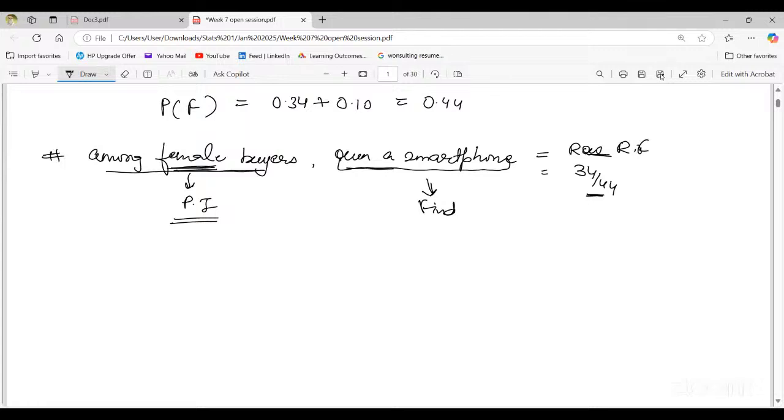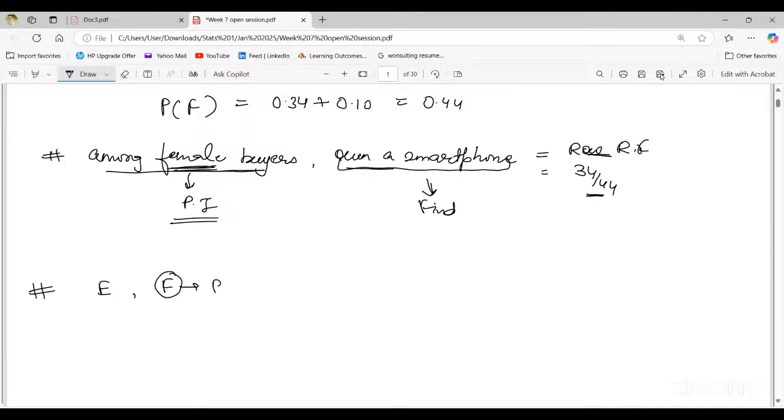So let's say I'm having some event E, and one another event is given, which is actually the event that has been done.